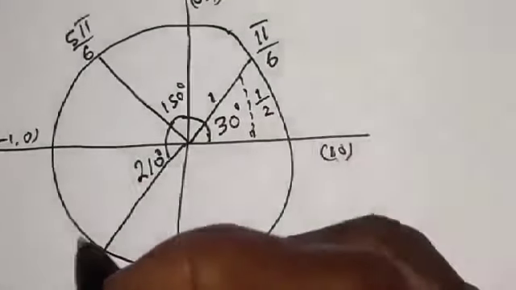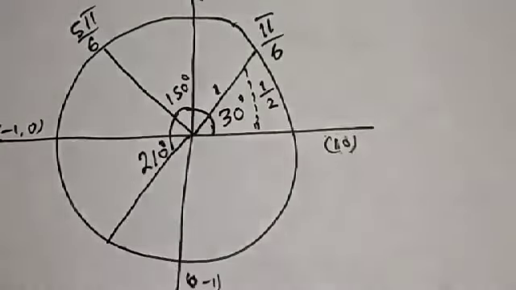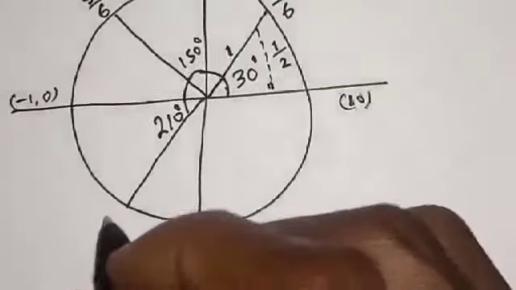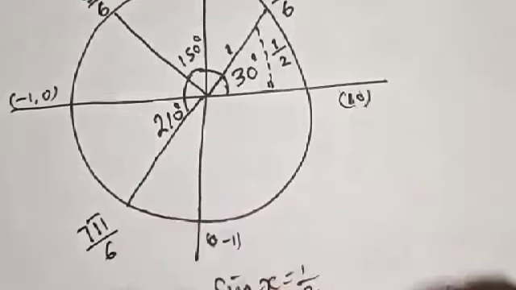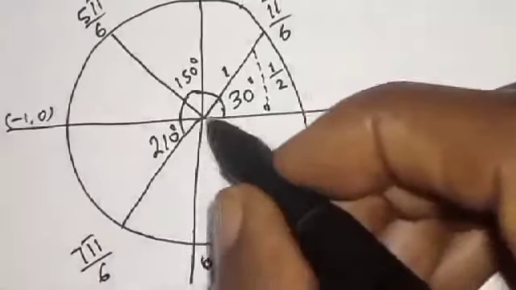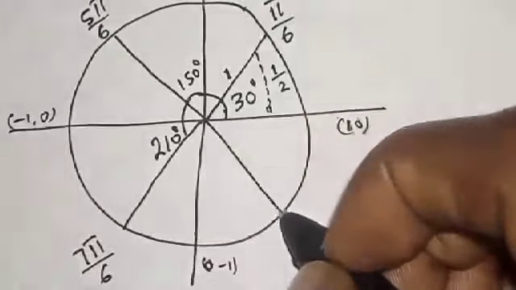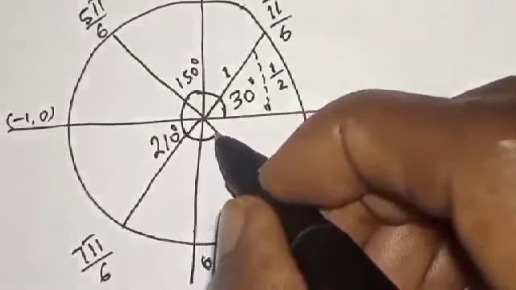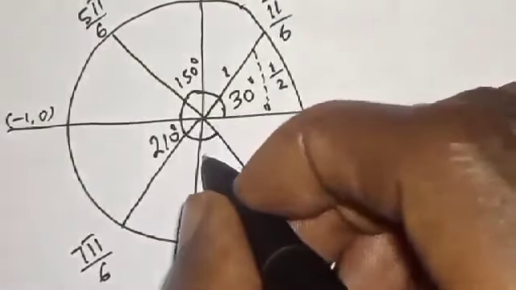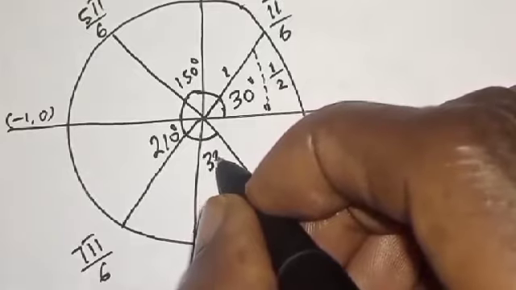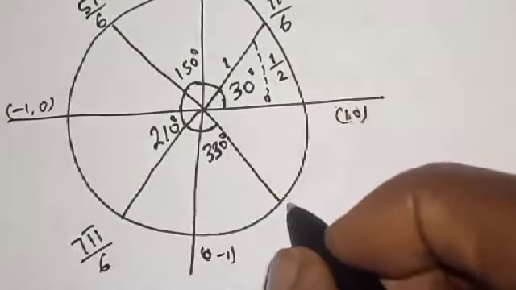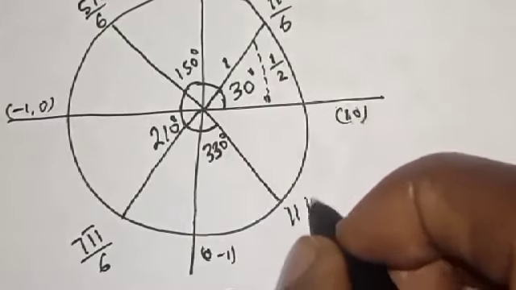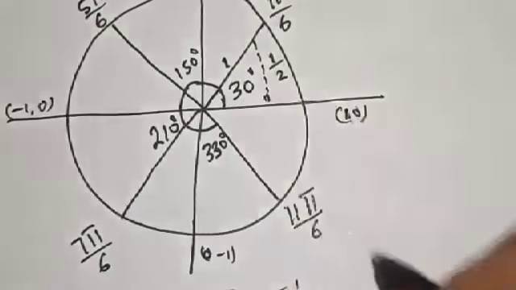But in radian, here will be 7 pi over 6. Then let's draw another angle out here. From here to this place will be 360 minus 30. Here will be 330 degree. And in radians, here will be 11 pi over 6.